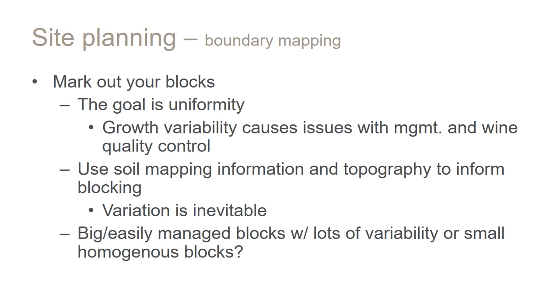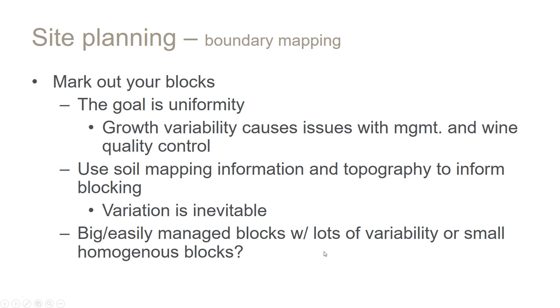So if you had large blocks, you're going to have remarkable variability. You might consider going to smaller block sizes in order to make more uniform growth within those blocks, right?